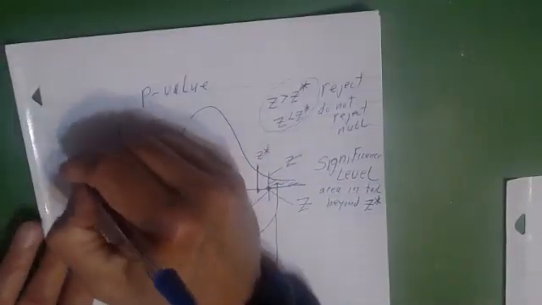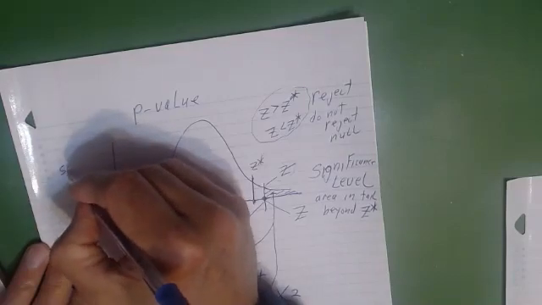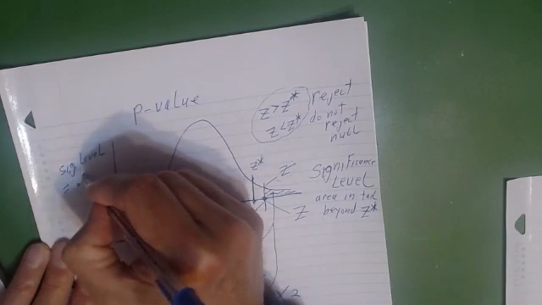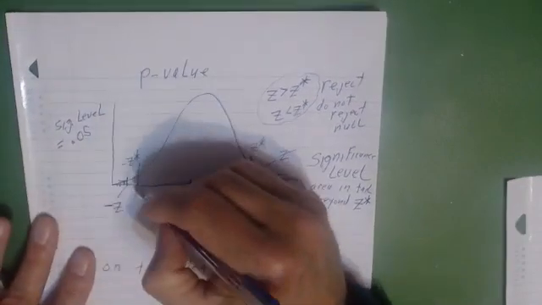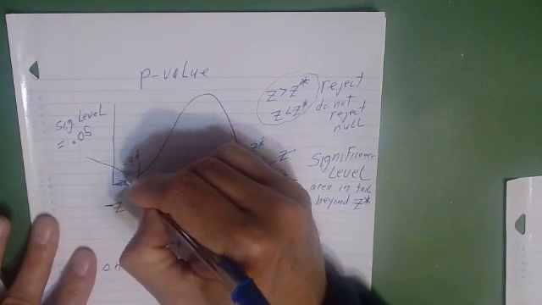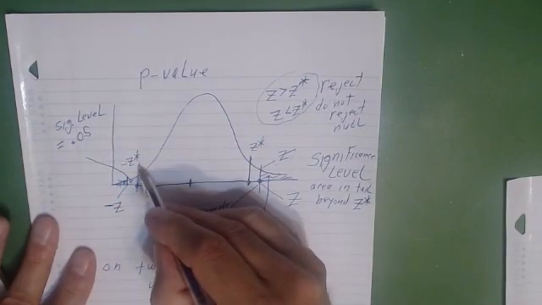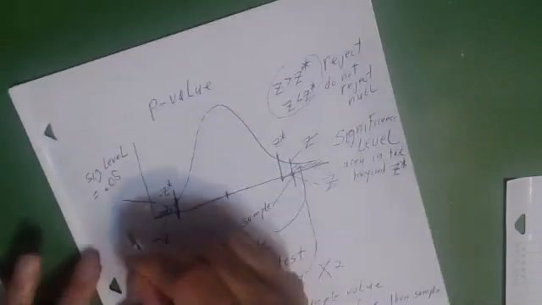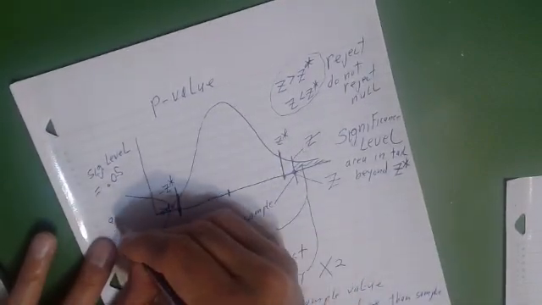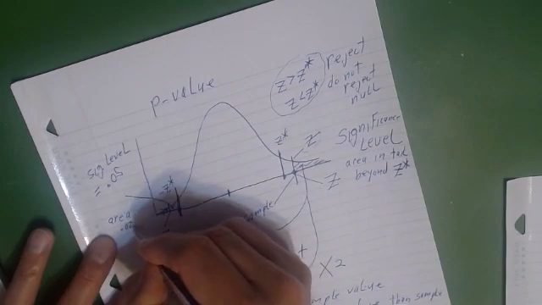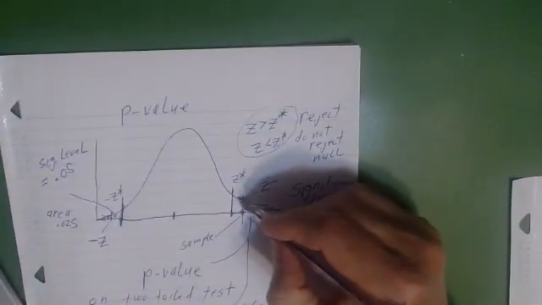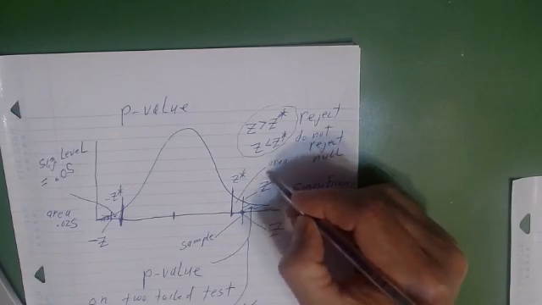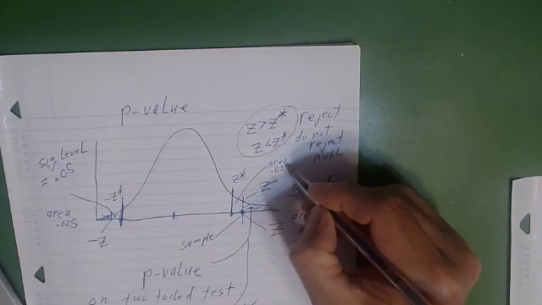So if the significance level equals 0.05, then this tail here, which is all this area from this line all the way back, the area in that tail would be 0.025, and the area in this tail, which is the probability, is 0.025.